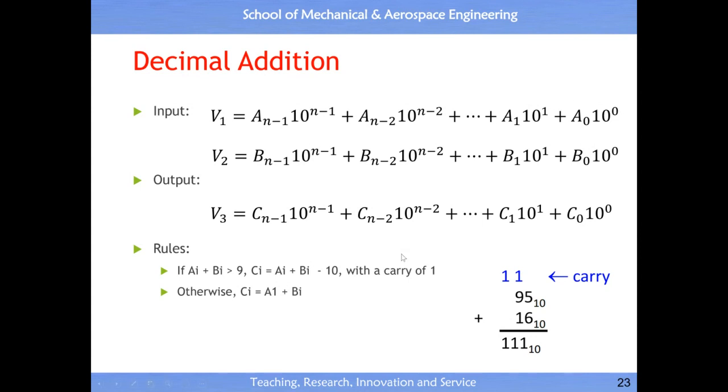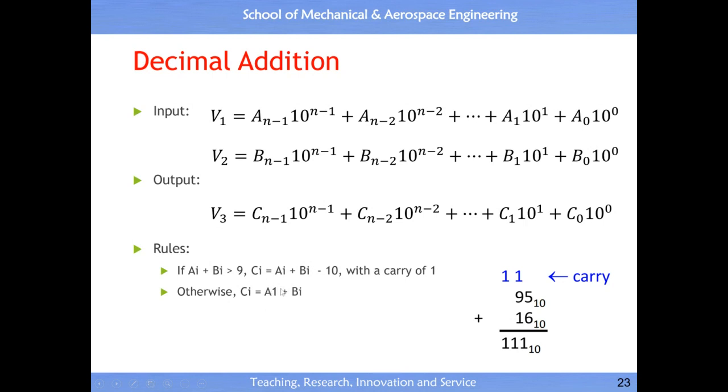In this case we need to know how to determine value C from value A and value B. Again, we apply this rule. If the sum of A plus B is greater than 9, then C is equal to A plus B minus 10 with a carry of 1. Otherwise, C is just equal to A plus B.